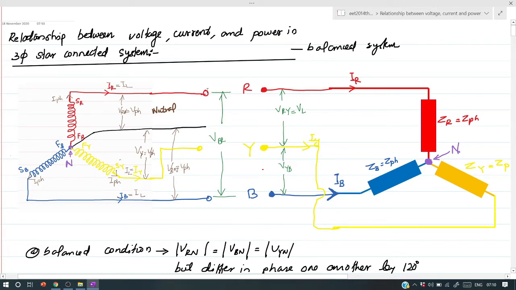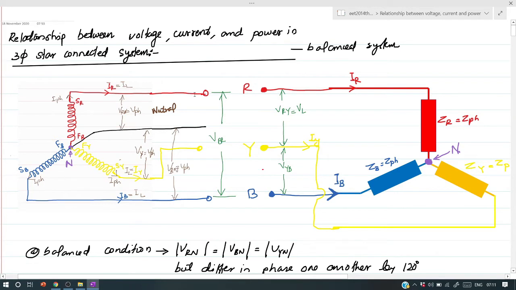phase. The voltage between two terminals is termed as line voltage, and the voltage across one terminal and neutral is termed as V phase. Here VRN is V phase, VYN is V phase, VBN is V phase, and similarly we can have three line voltages.